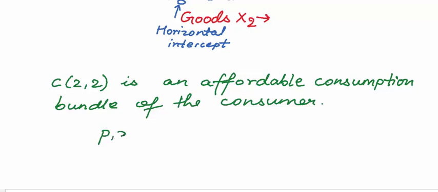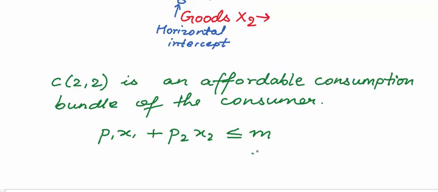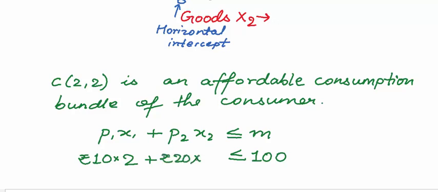We have the budget equation as P1x1 plus P2x2 is less than or equal to M. The given money income of the consumer is 100 rupees, whereas the price of good 1 is 10 rupees multiplied by the quantity of x1, which is 2 units, plus the price of good 2, which is 20 rupees, multiplied by the amount of good 2 consumed, 2.